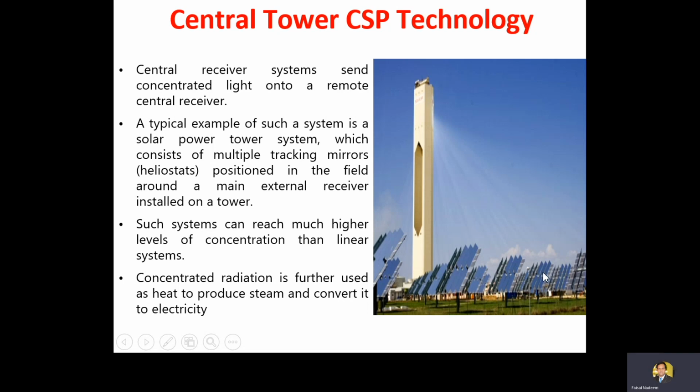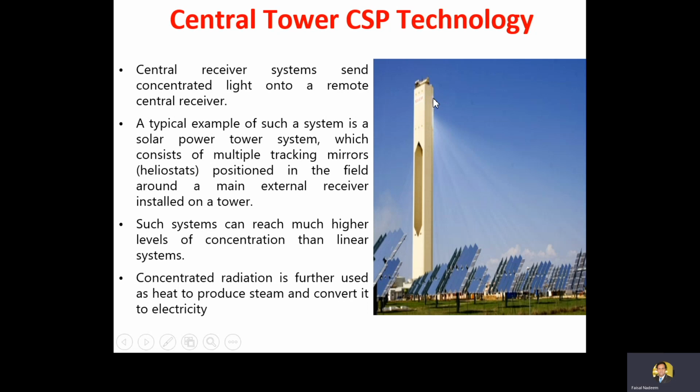After the sunlight is incident on them, they reflect it back to the receiver of this solar central tower, and as these reflected rays reach the receiver, the amount of energy received here is huge, in the form of heat, and this heat energy is then used to heat up the water or any other working fluid for production of steam and running the turbine, which resultantly produces the electrical power.